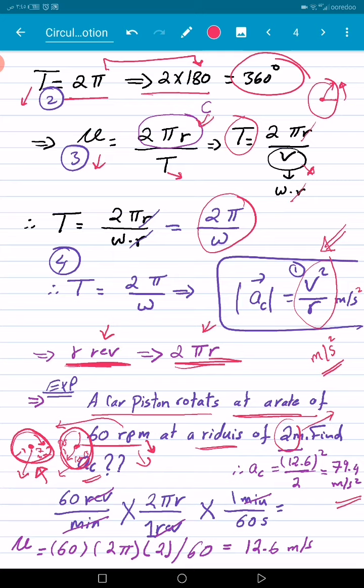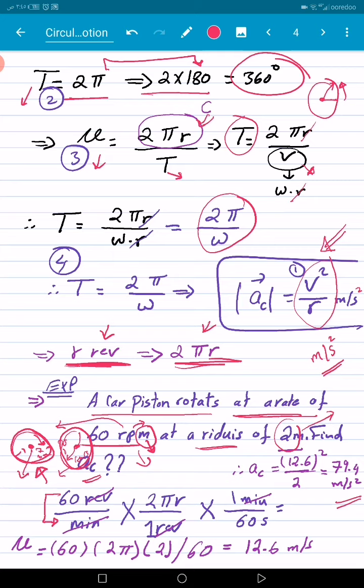So how many revolutions here? 60 per what? 1 minute. So 60 per 1 minute, multiplied by one revolution, which is 2 pi r. I want to remove the 60 revolutions, which is in the numerator, so I put this in the denominator. So remove rev with rev, and minute with second. 1 minute is equal to 60 seconds, and applying the equation, it is very easy.